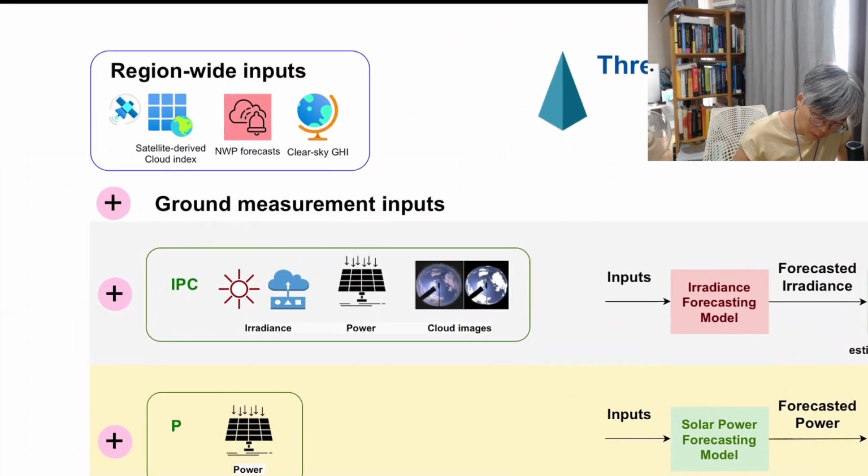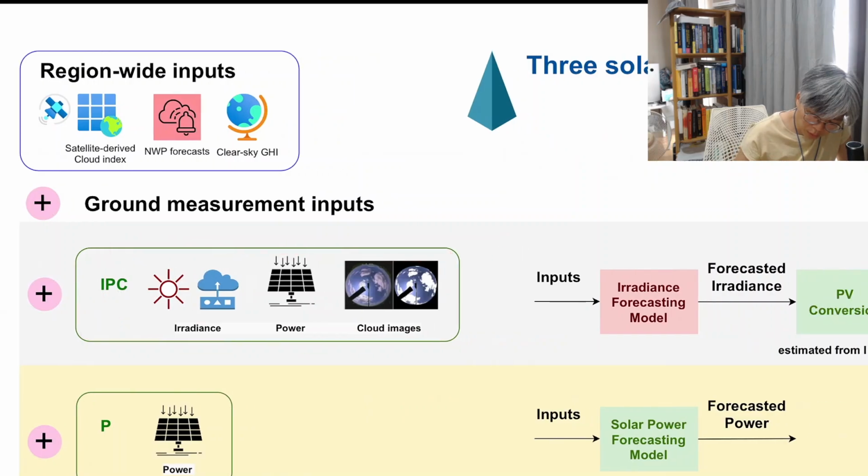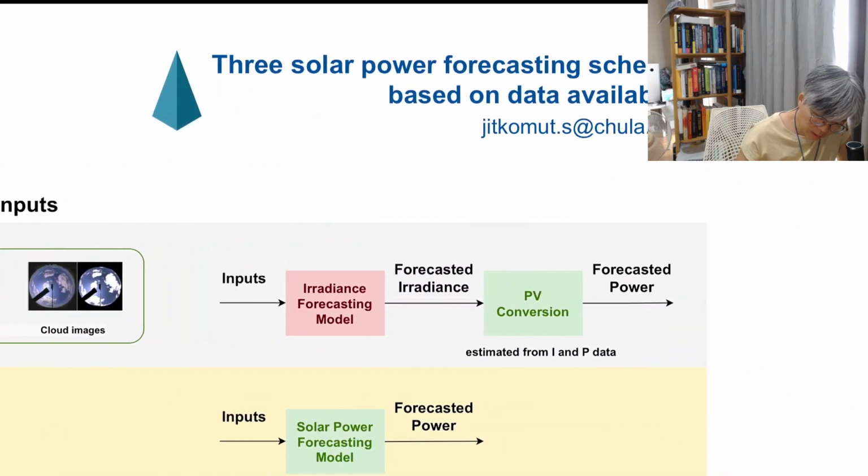For those who have the full information, have irradiance, have power, have cloud, IPC. If everyone has full information like this, again, this is also my opinion, but I'll let you decide whether you agree with me or not.